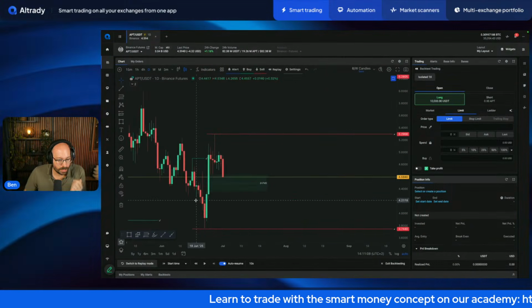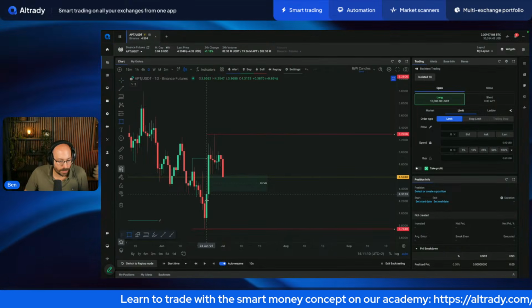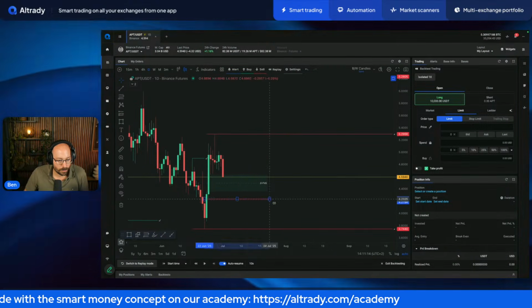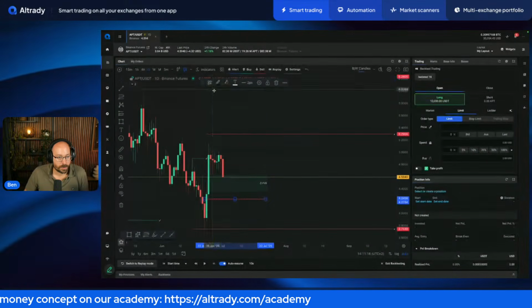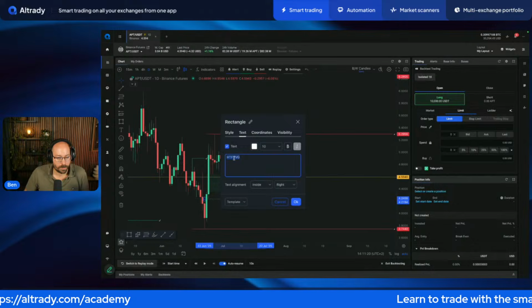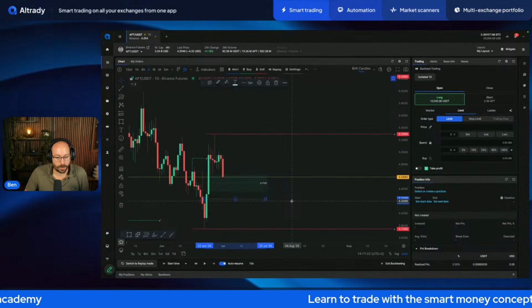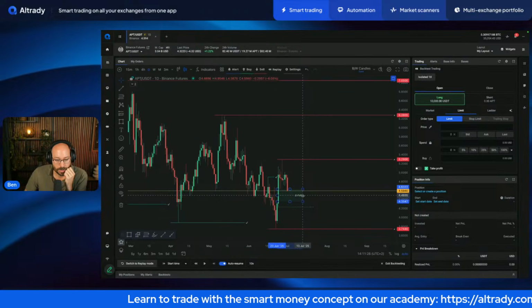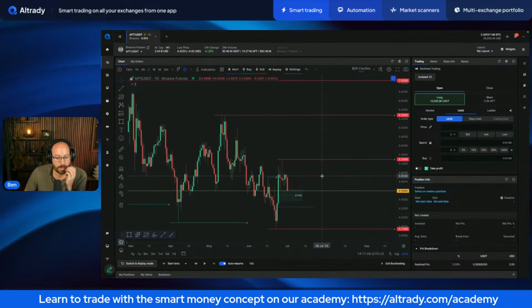There's an eeny teeny beeny one right here. So perhaps on the smaller time frames, we will see it larger. Can make it smaller so that we see it.